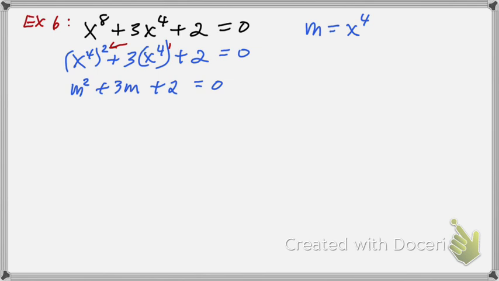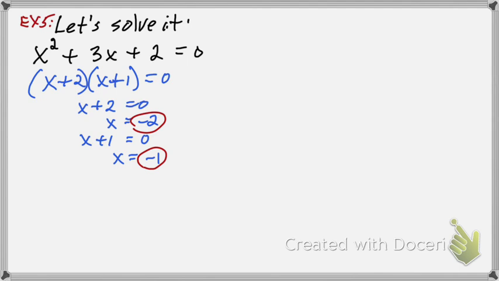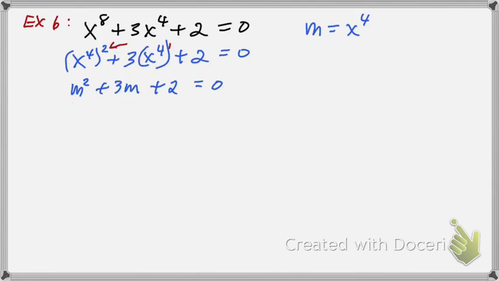Have we seen that before? Yeah, we just solved it. Right there. Same form. So I know that this is going to turn out to be m plus 2, m plus 1 equals 0.